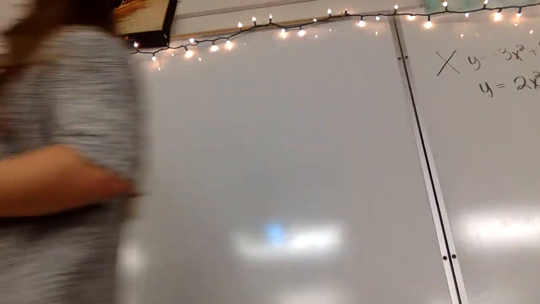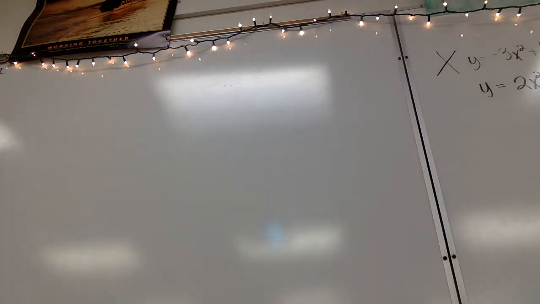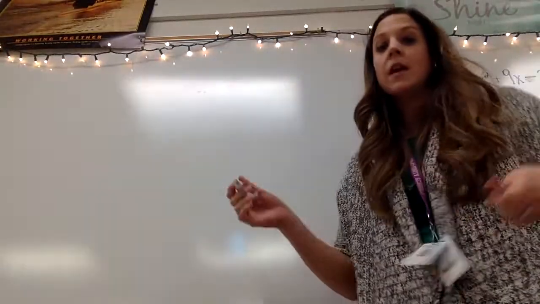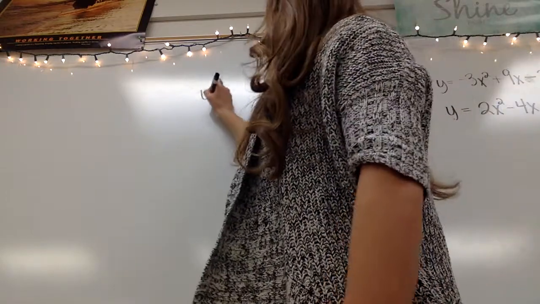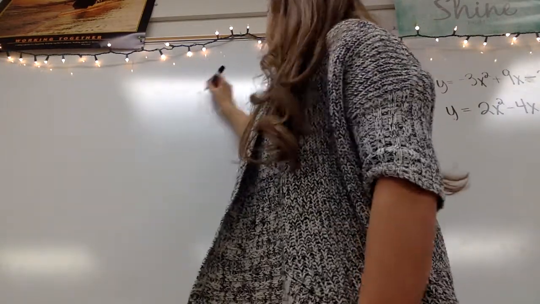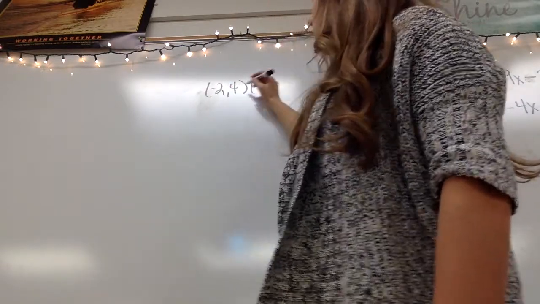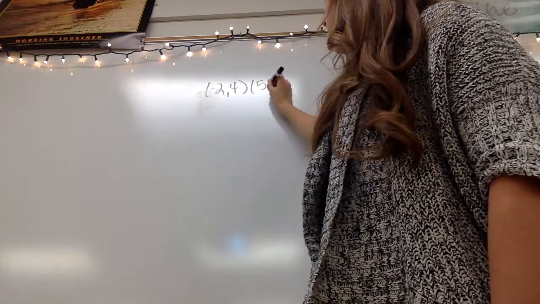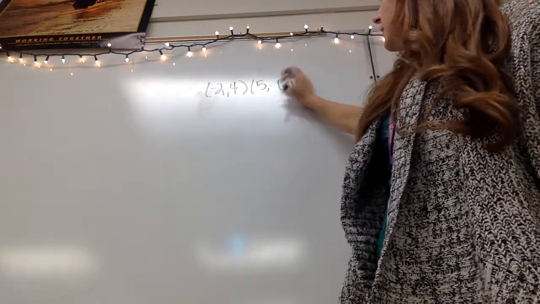Let me turn the light off. Okay, I'm going to show you a point slope and a slope intercept one. So again, just repeating stuff we've been doing over and over and over again. So here is, let me go, if I give you a point of -2, 4, and another point of 5, -6, let's go 5, 6.